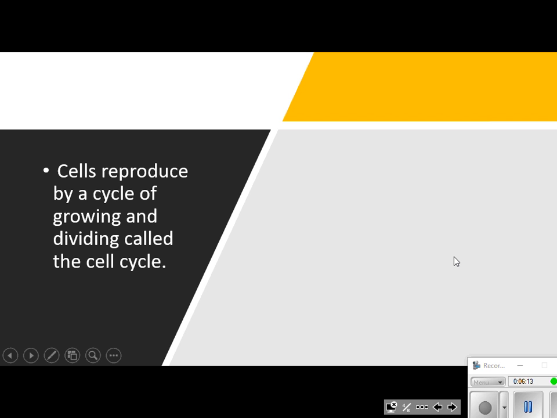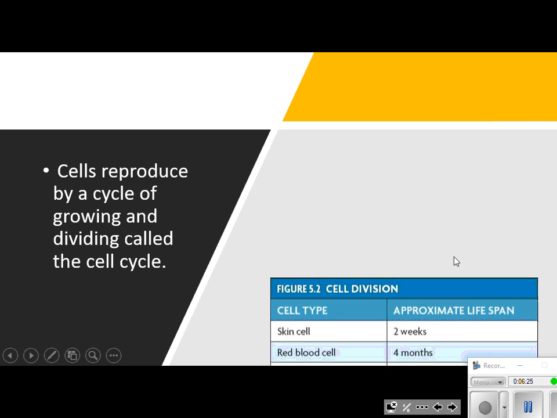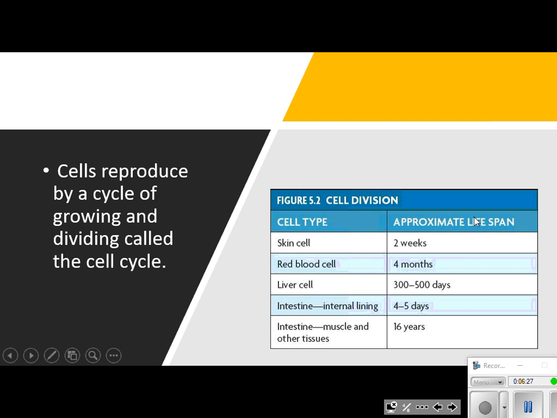Cells reproduce by a cycle of growing and dividing that we call the cell cycle. Now here, I give you a little chart just to give you some background knowledge. Cell types and their lifespan.